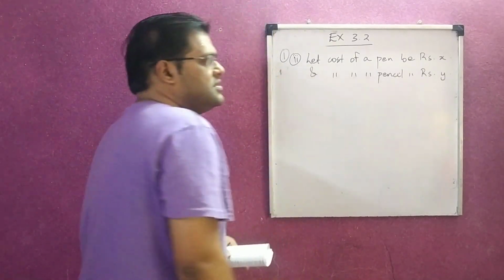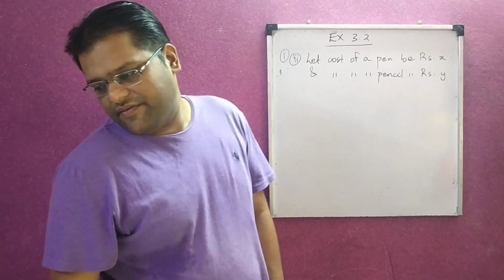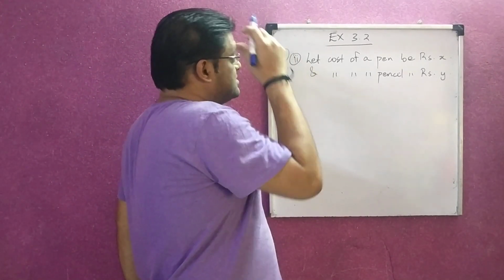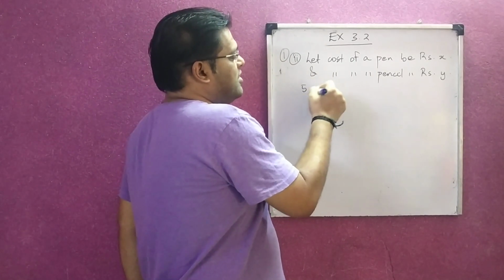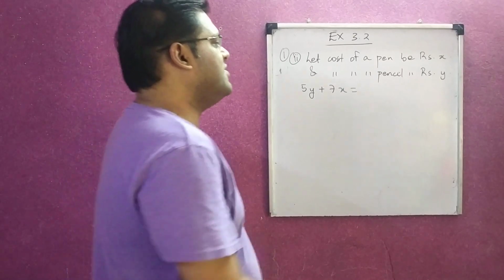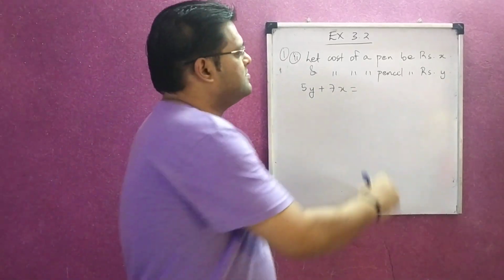Now in the first sentence we are given cost of 5 pencils and 7 pens. So 5y plus 7x, that is how much? You can say 50.